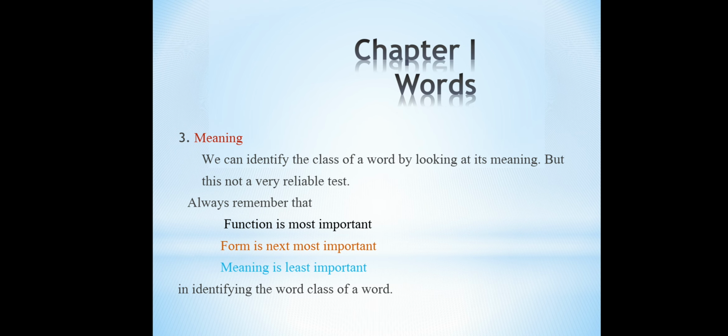Then the third criterion or third test for deciding the word class is meaning, and it is also known as the semantic approach to the study of words. Here we consider the meaning of a word to decide its word class.